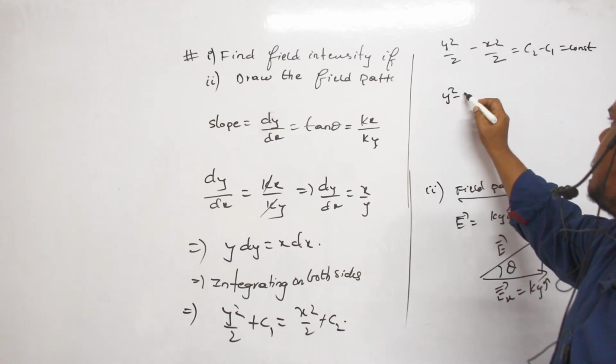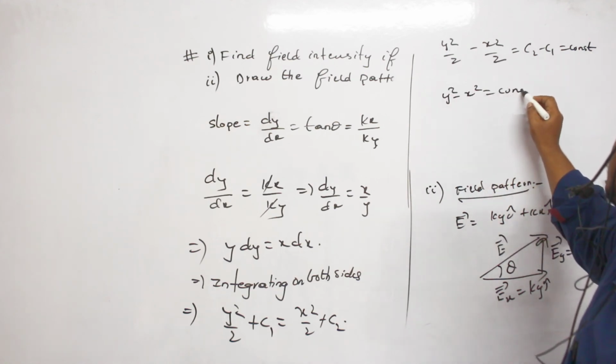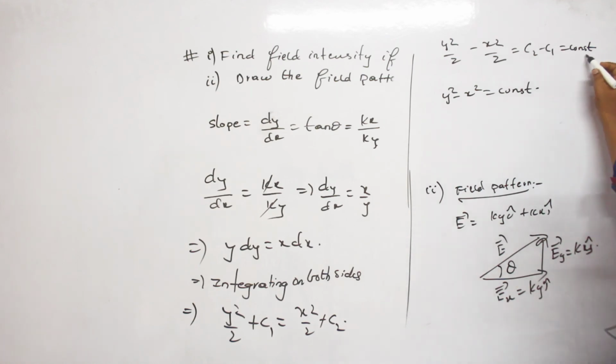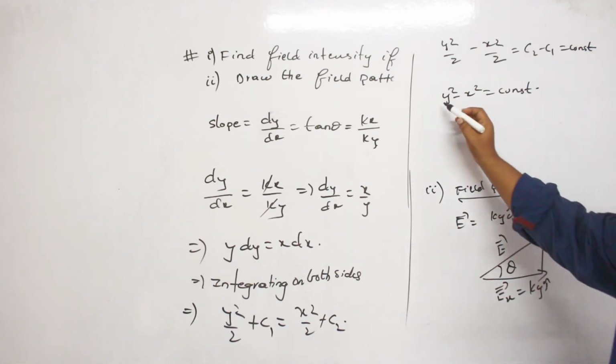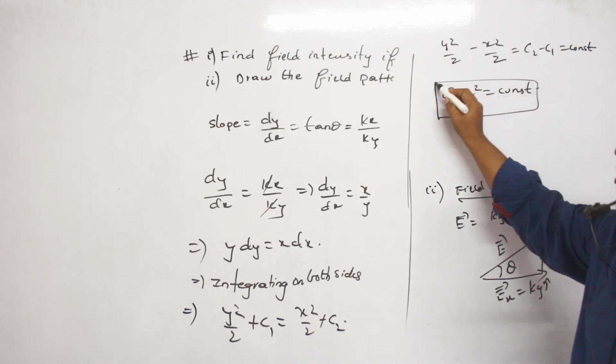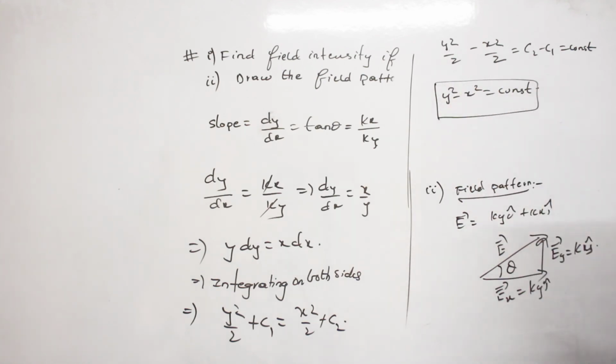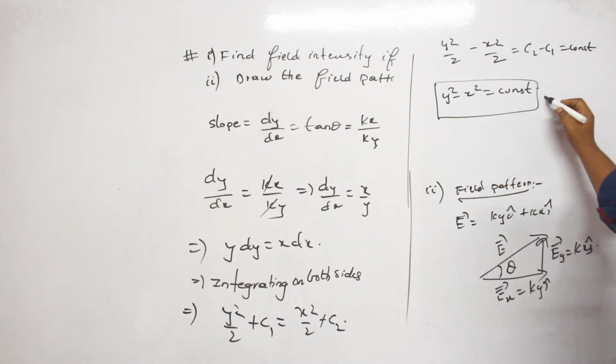Clear? So y square minus x square is also a constant, because this 2 also, if it goes and multiplies with this constant, then that is also a constant. So what is the final relation I got? The final relation which I got is y square minus x square is equal to a constant. Clear? And what is this equation?